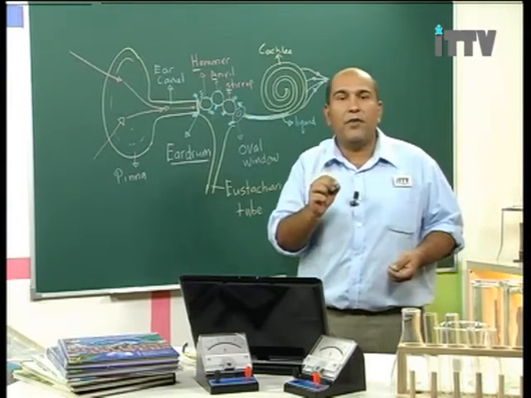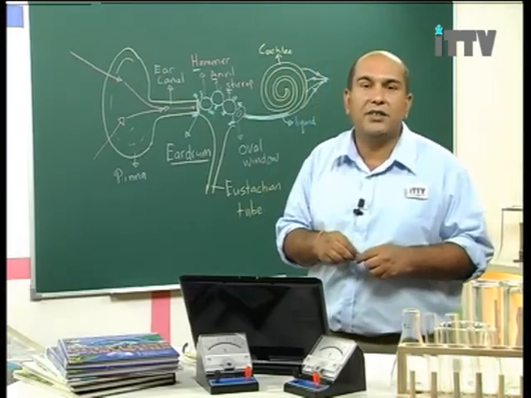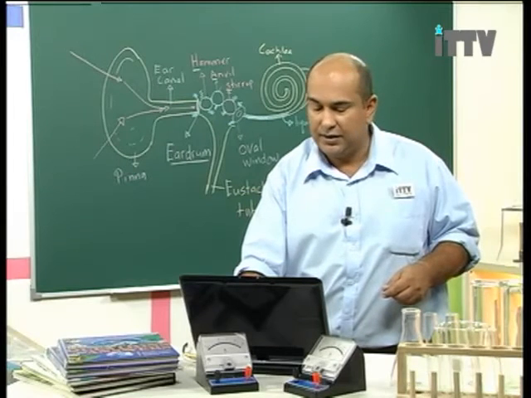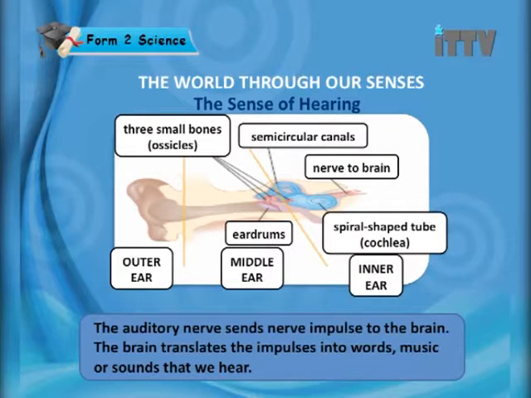So the liquid vibrating stimulates the receptor cells to generate nerve impulses. The auditory nerve sends nerve impulses to the brain. The brain translates the impulses into words, music, or sounds that we hear.